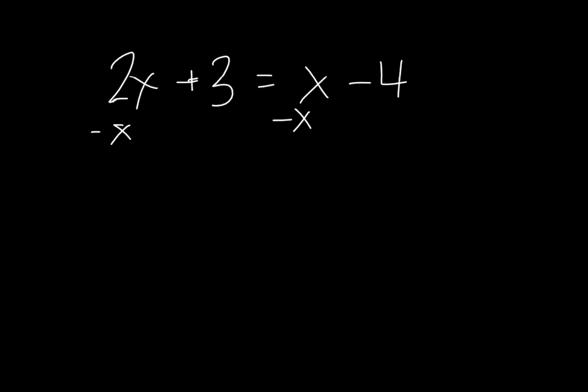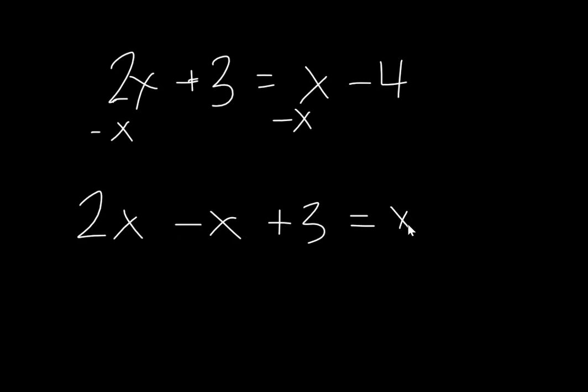We don't know what x is equal to yet, but we know that x is equal to x. So if we subtract both sides by x, it should still stay the same. 2x plus 3 minus x is equal to x minus 4 minus x.